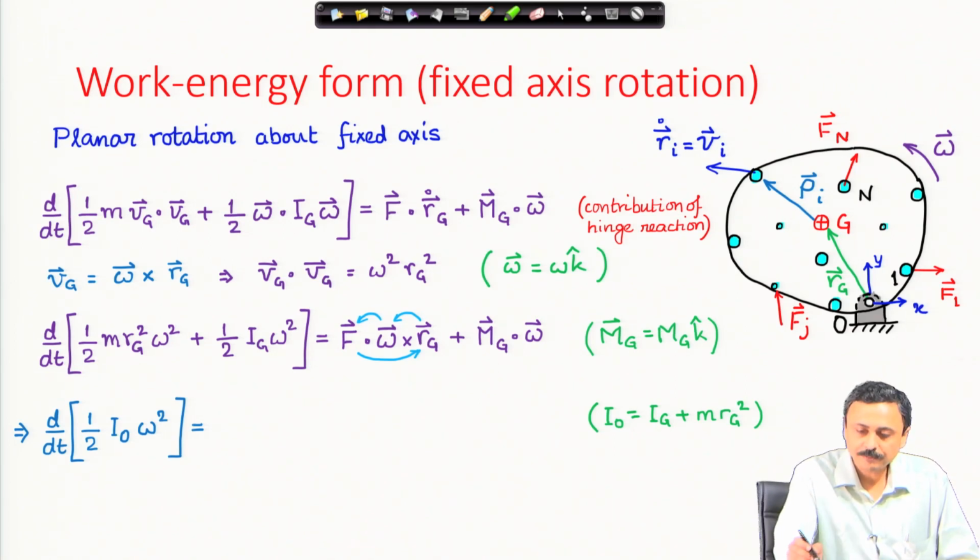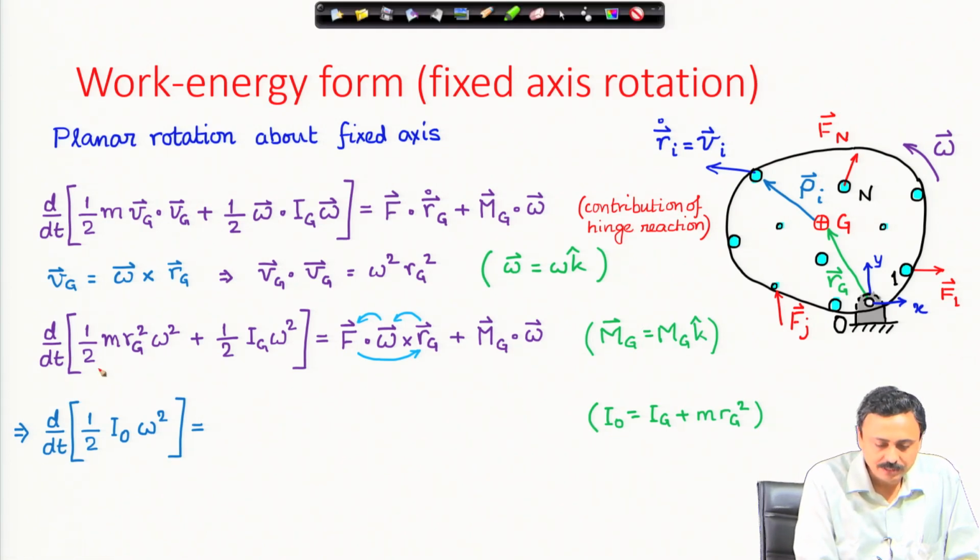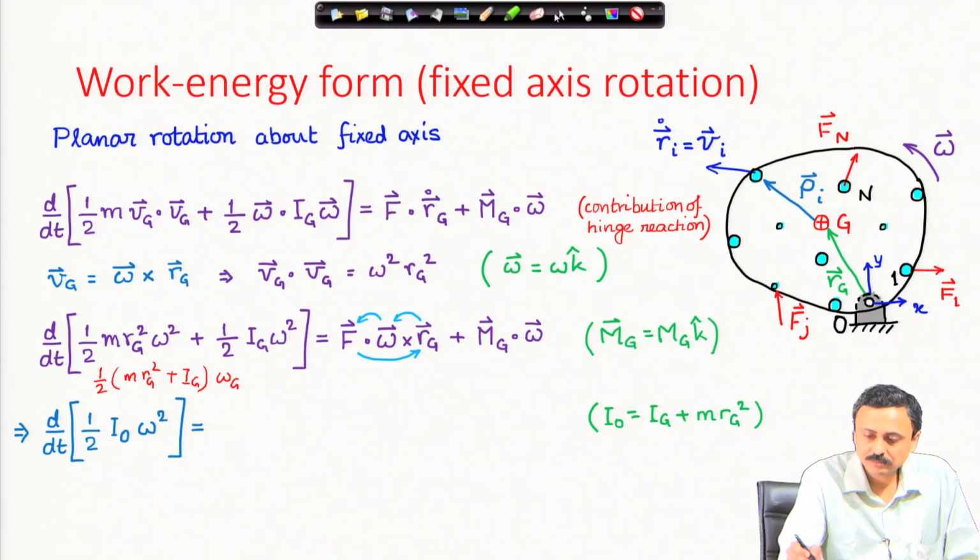You will notice what the bracketed quantity is. The bracketed quantity is 1/2 m r g square plus I g times omega square.